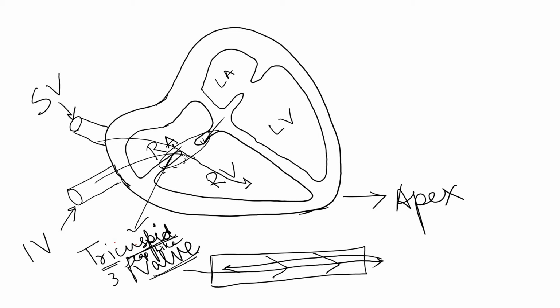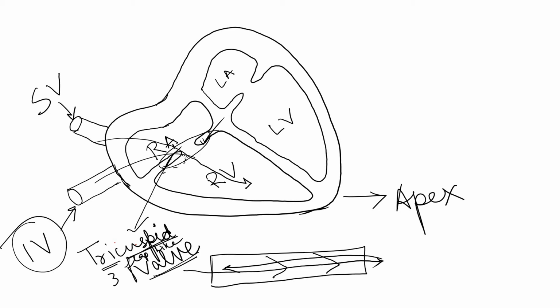Now this is entirely impure blood. Superior vena cava carries the impure or deoxygenated blood from the upper part of the body. Inferior vena cava carries the impure or deoxygenated blood from the lower part of the body.